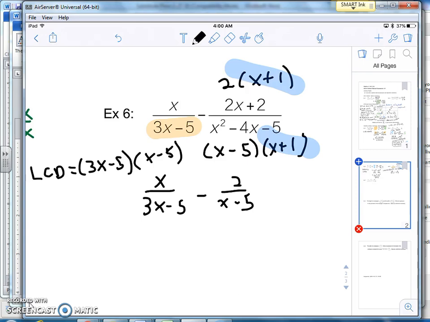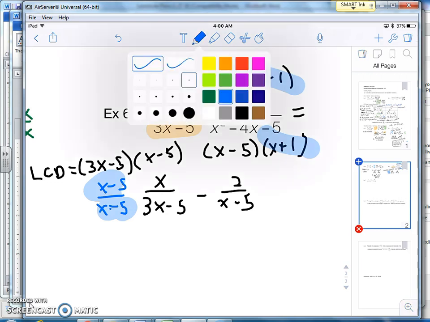So our goal is to get a common denominator. The first term doesn't have the x minus 5 in the denominator, so we're going to multiply top and bottom by x minus 5. Remember the value of this thing in blue, the value of this is 1, so I'm just multiplying the first term by 1.